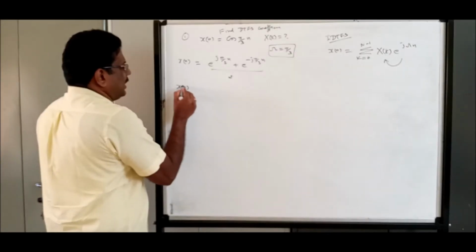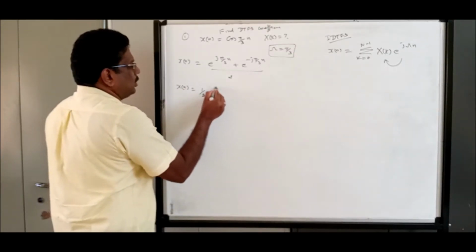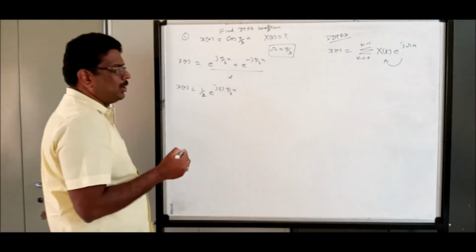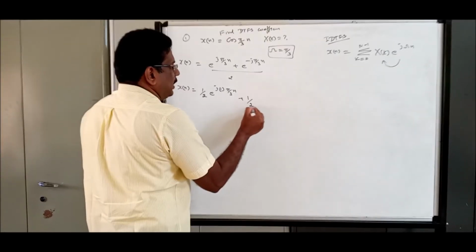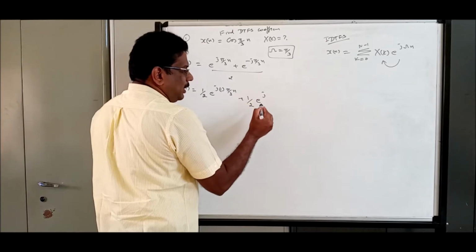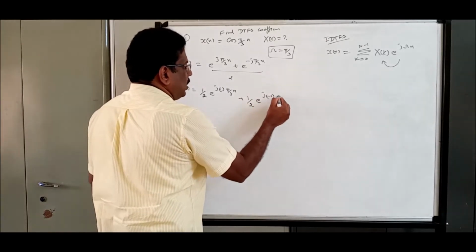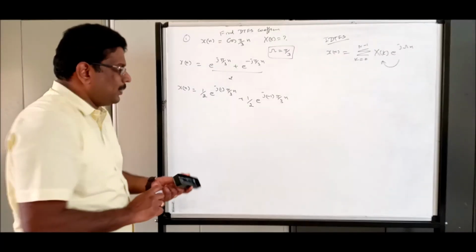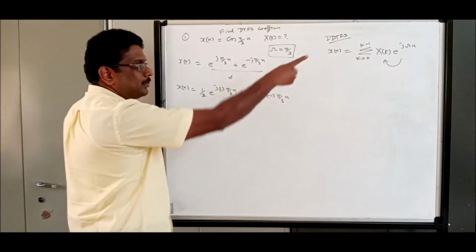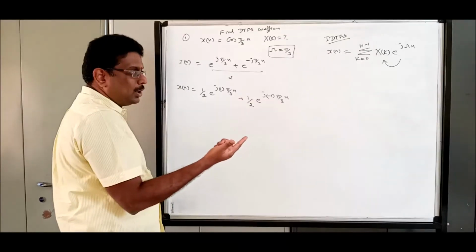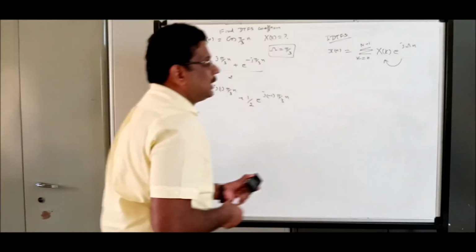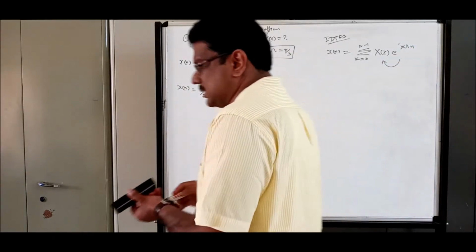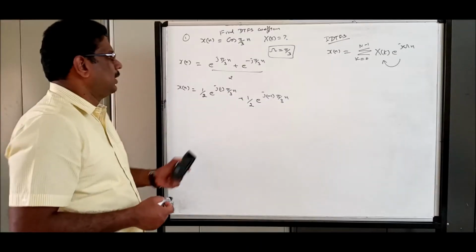Now x of n is equal to 1 by 2 e power j 1 pi by 3 n, plus 1 by 2 e power j minus 1 pi by 3 n. Now recall, point number 1, it should be plus j. Point number 2, it should obey the format k omega n. That is the major concept.